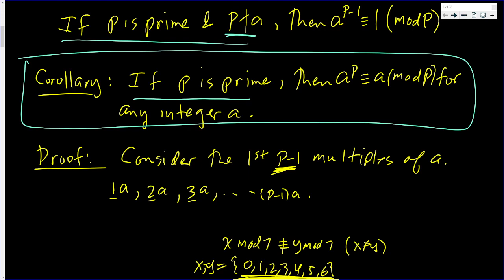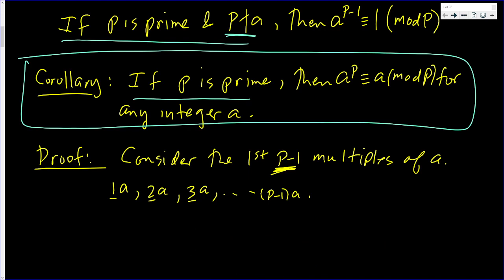And that's what I'm going to show here, that I found P minus 1 numbers where none of them are congruent to one another in mod P. Okay, so I make that claim.